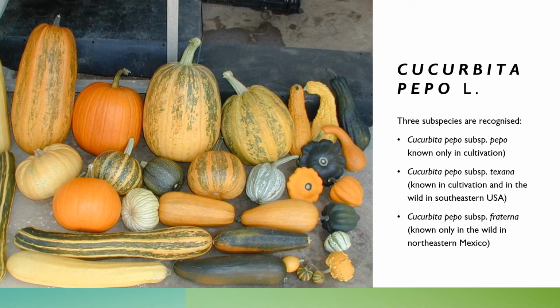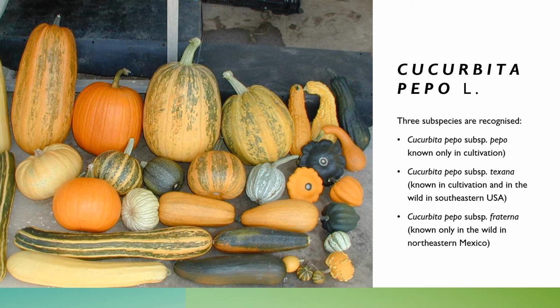Cucurbita pepo comes with an extensive range of cultivars today, including pumpkin, zucchinis, marrows, as well as many types of squashes and ornamental gourds. It is important to note that the common names pumpkin and squash are often also used for other Cucurbita species, such as the fruits of cultivated forms of Cucurbita maxima and Cucurbita moschata.